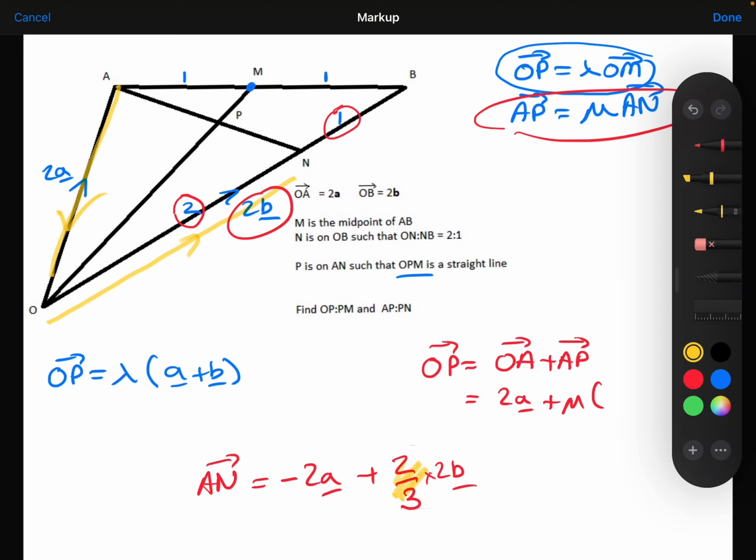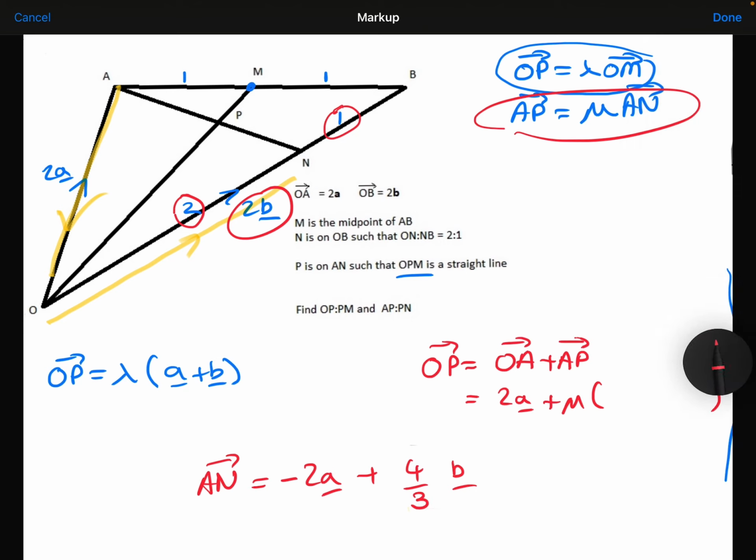That's 2/3 times 2, which is 4/3 b. So that's A to N. So A to P is going to be some fraction of that.